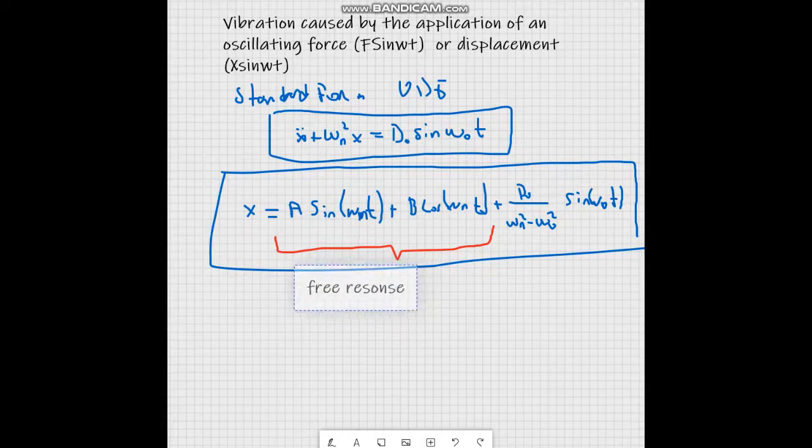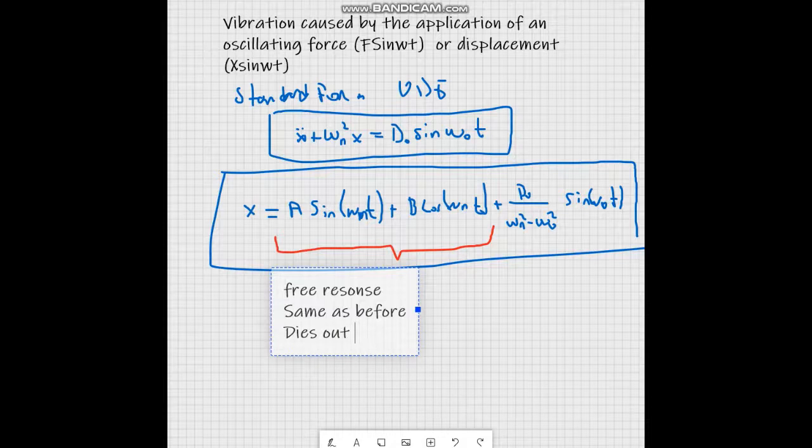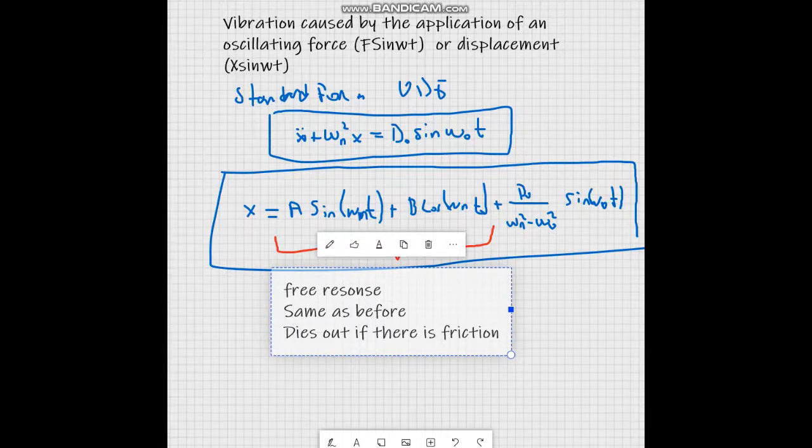This red part is the free response, same as before. It dies out if there is friction, right? It's free vibration. If there is friction, it's going to die out. It means it's going to fade.